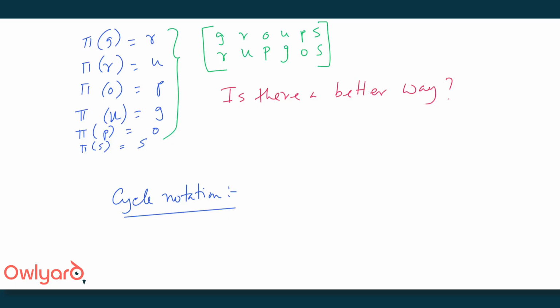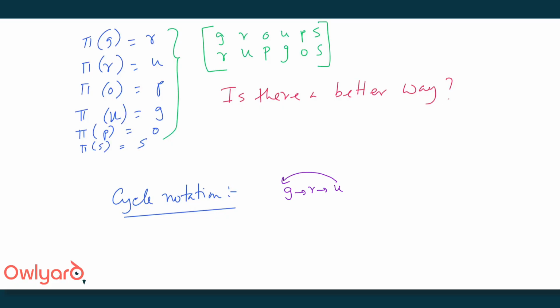So for example, G goes to R. And where is R going? R goes to U. Now, if you apply the permutation on U, it gives you back G. So U goes to G, right?